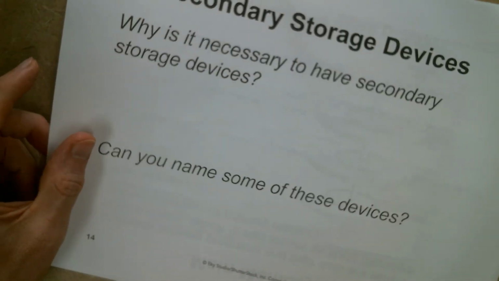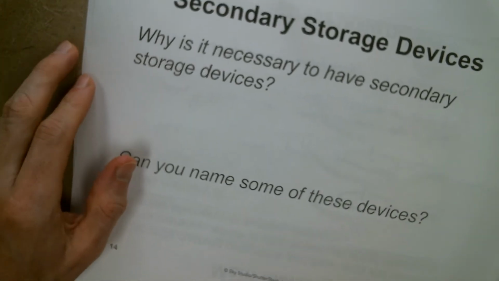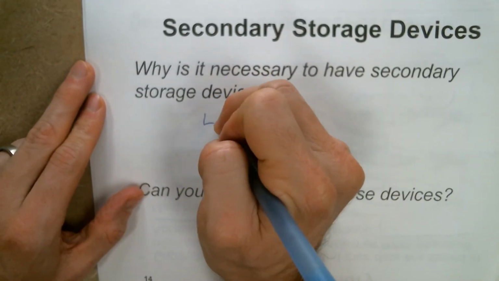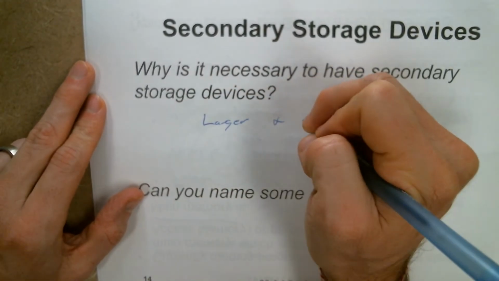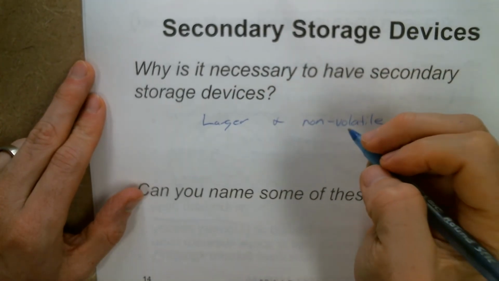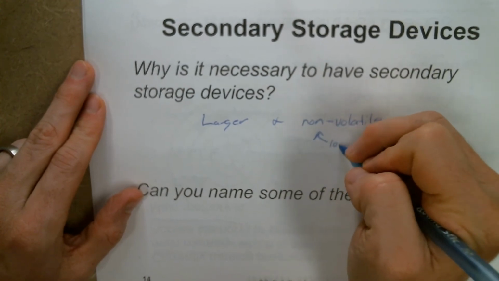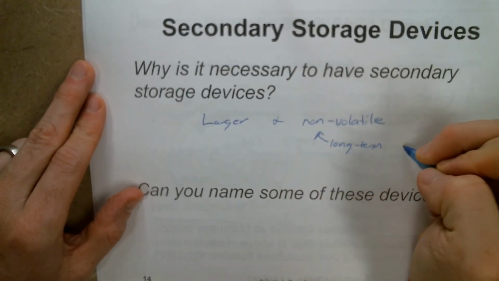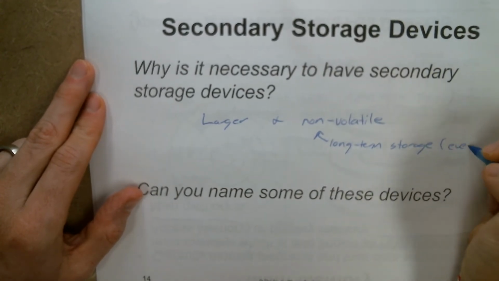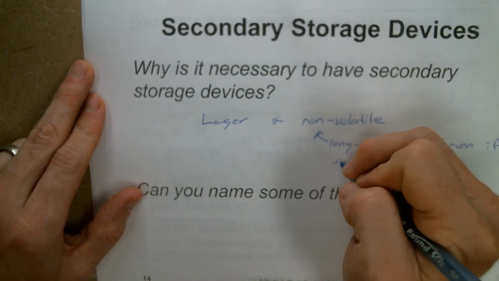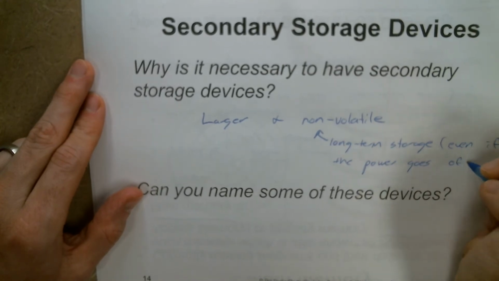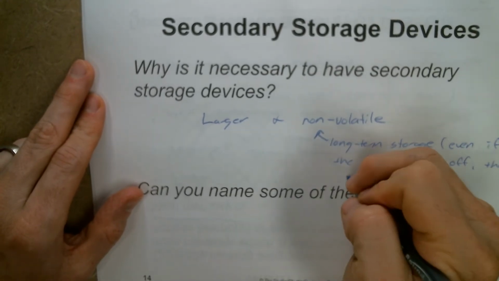All right, so that's main memory. Let's flip over to secondary storage. Why is it necessary to have secondary storage? We kind of already said this, but it's larger and non-volatile. All right, which basically means that when you're doing long-term storage, even if the power goes off, the contents are preserved.